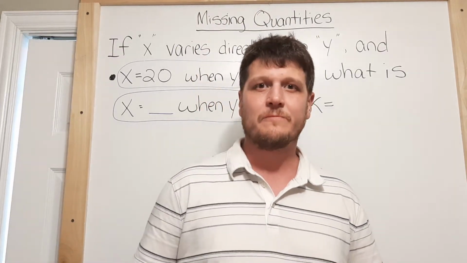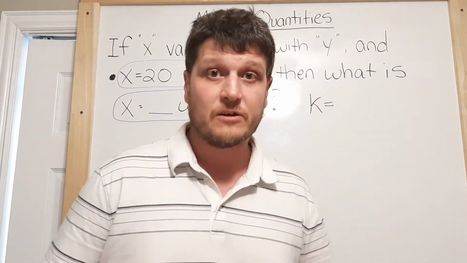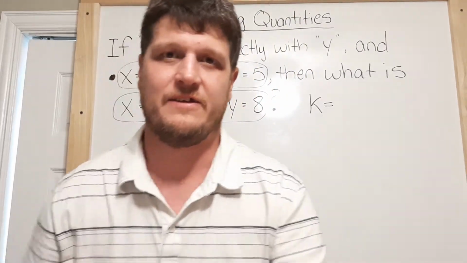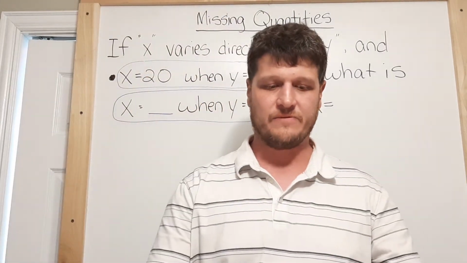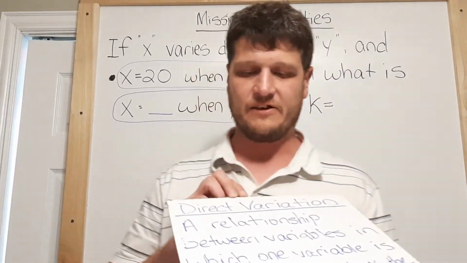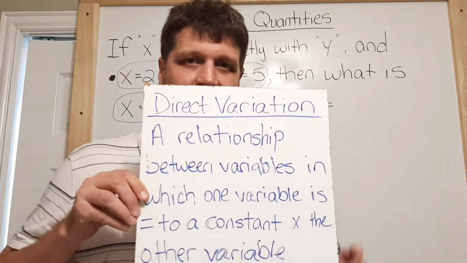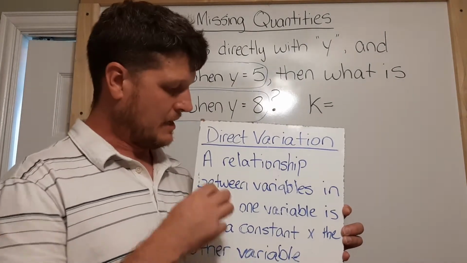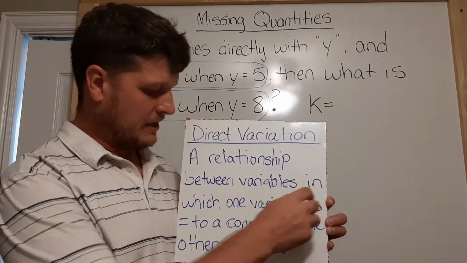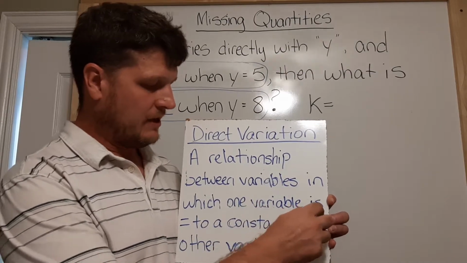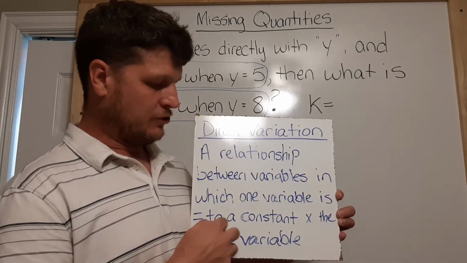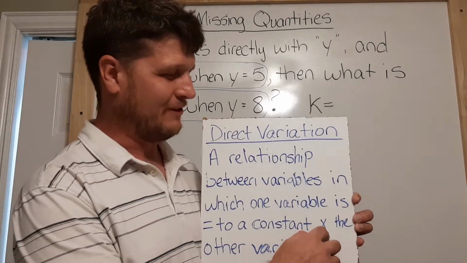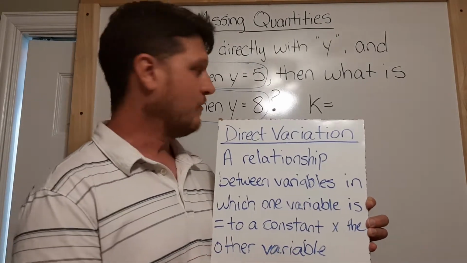Now, today what we're going to talk about is direct variation. Direct variation is just like it sounds. Direct variation is a relationship between variables in which one variable is equal to a constant times the other variable.